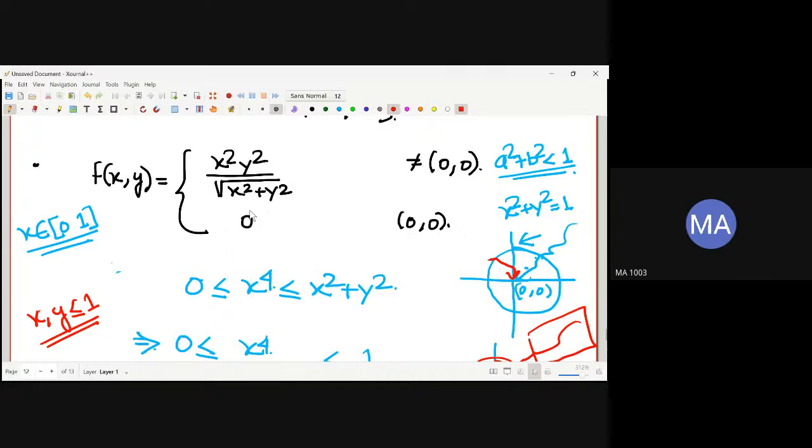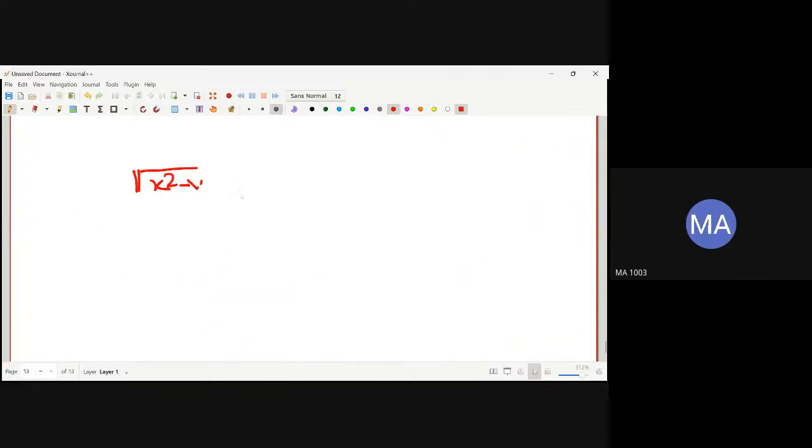So when you are taking this x square minus y square, basically you have to take all such points for which x square is always greater than y square.